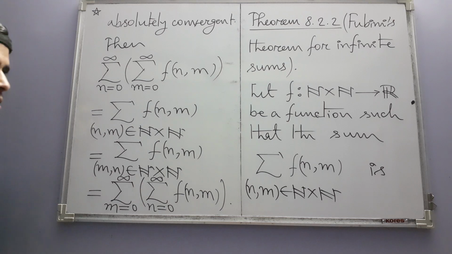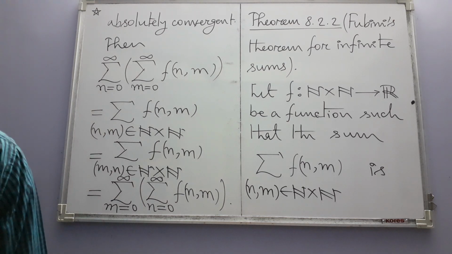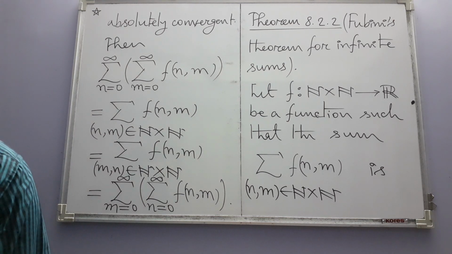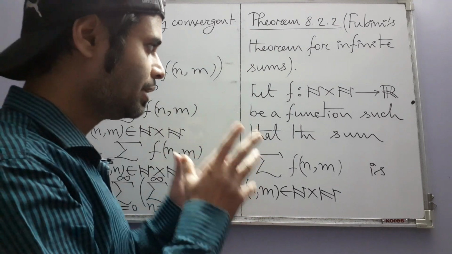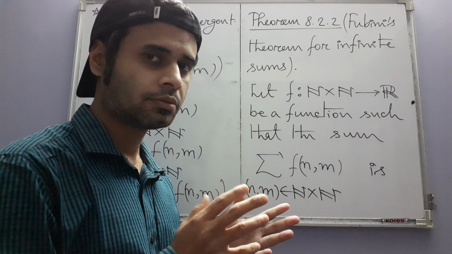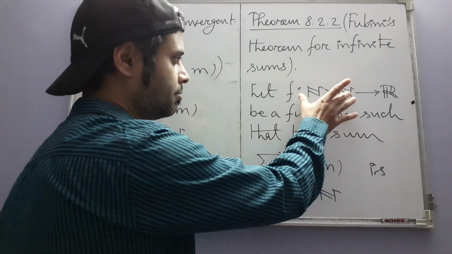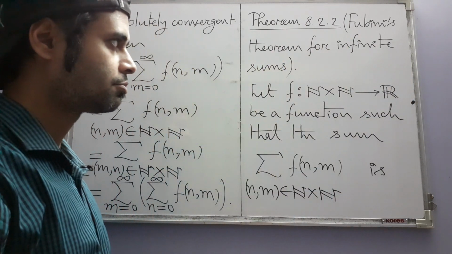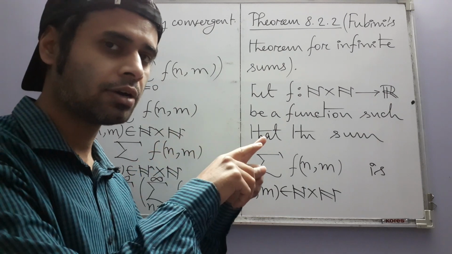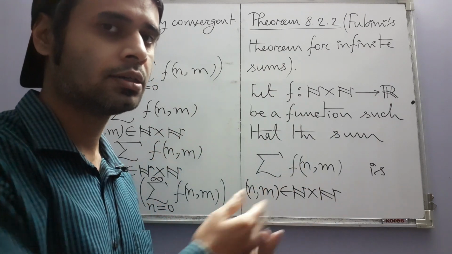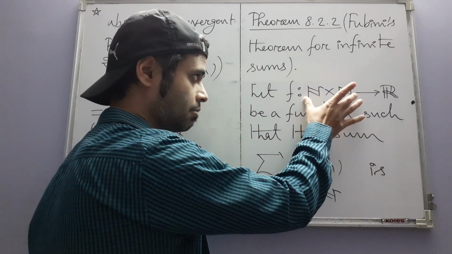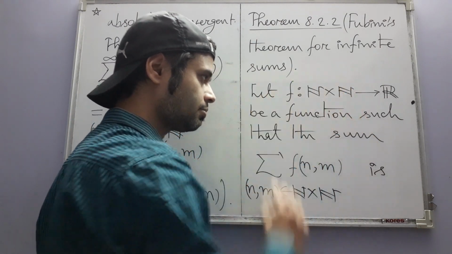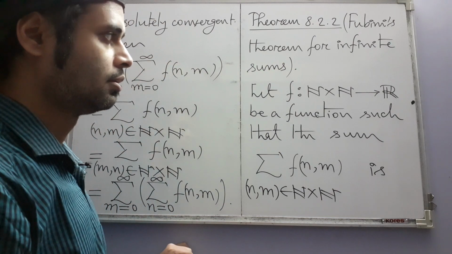Okay, so let's now see what this means first of all. In the beginning itself we are given again a real valued function. Just like previously we had a real valued function from x into R, where x was a countable set, here in place of x we have this Cartesian product.